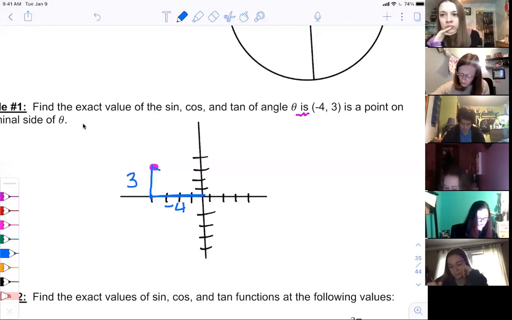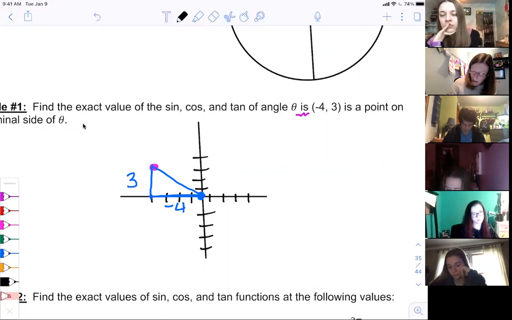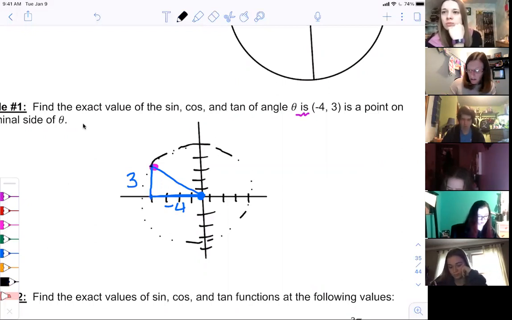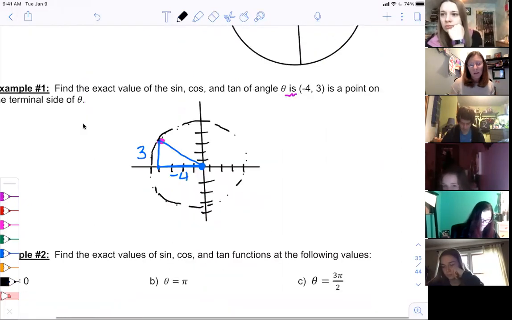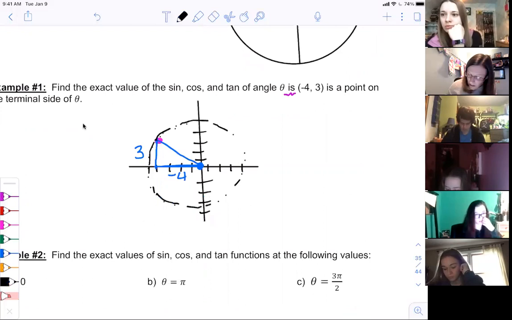And now my triangle is created connecting the center to the point. So really, there is a circle going around this triangle, and that point is touching the edge of that circle, just like we have above. The angle is still inside of the triangle.